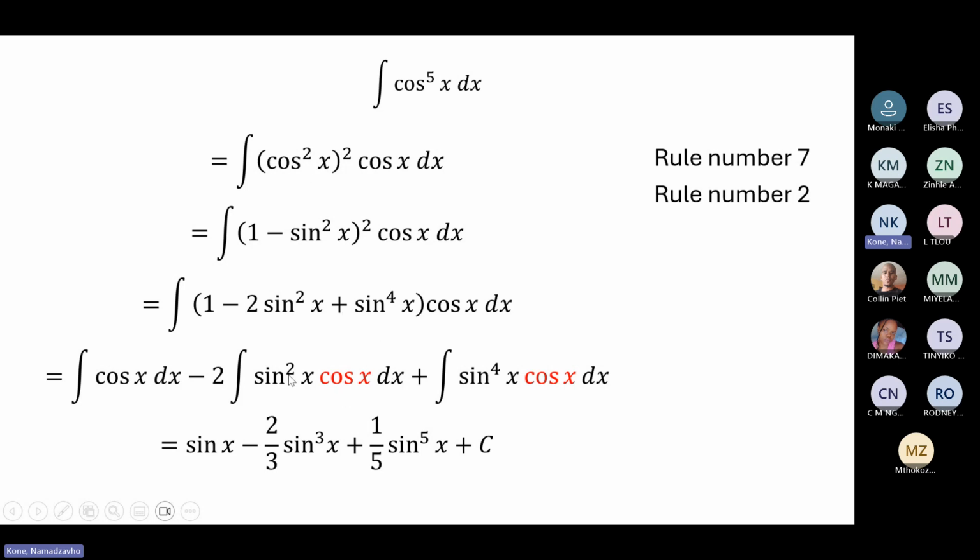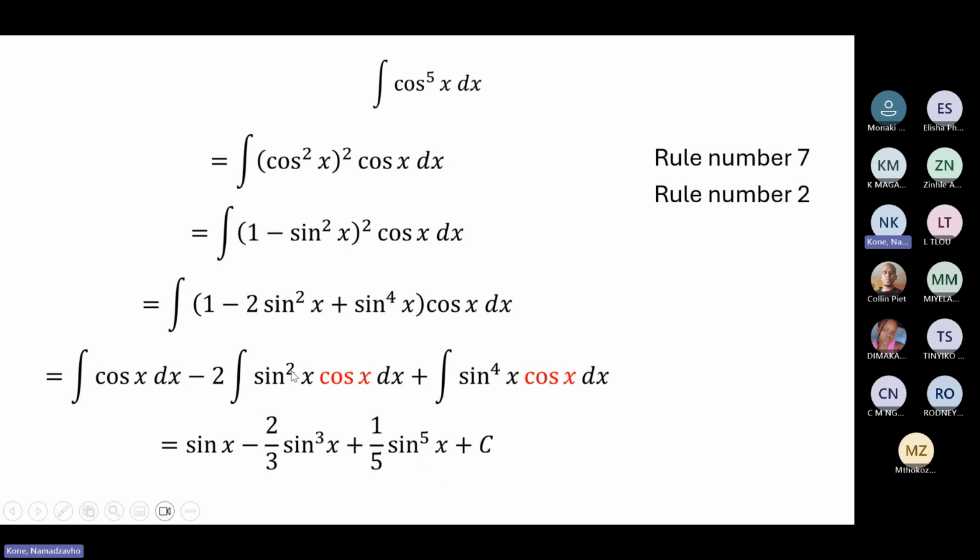Then everything else will look like this. Cos x is the derivative, cos x is the derivative. So this one behaved like f of x, how it behaved in the original number 2. If for some reason we had a power of -1 here, that is when rule number 3 would apply. We would have ln, but we don't have any ln because we don't have any power of -1. Here is power of 2.